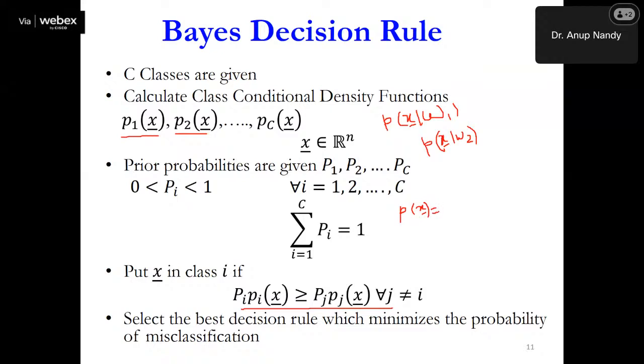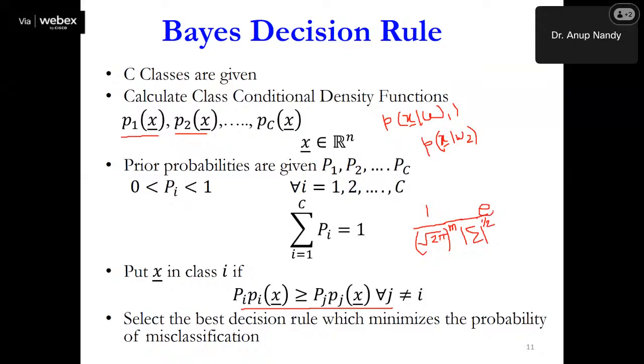That is nothing but 1 by root over 2 pi to the power m. M is the dimension of the feature vector. Then determinant of sigma to the power half, which means square root.